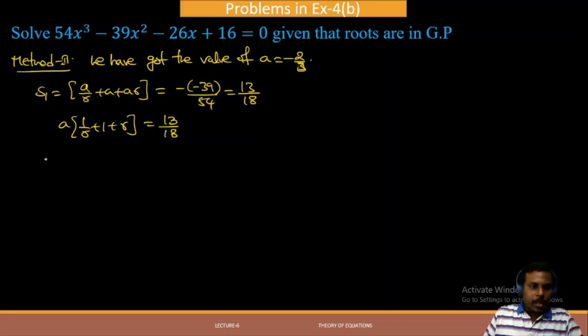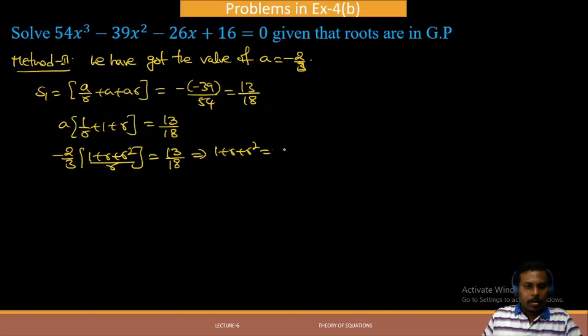So this value is minus 2 by 3 into 1 plus R square by R is equal to 13 divided by 18, implies 1 plus R square is equal to minus 13 into 3 divided by 2 into 18.